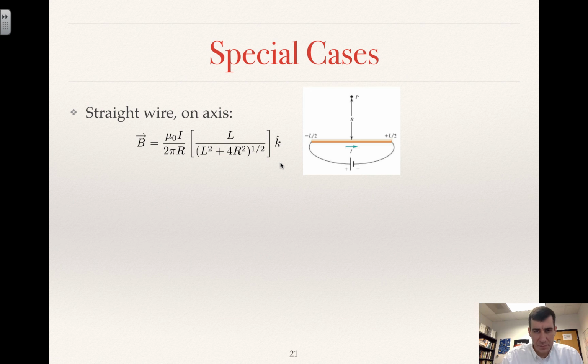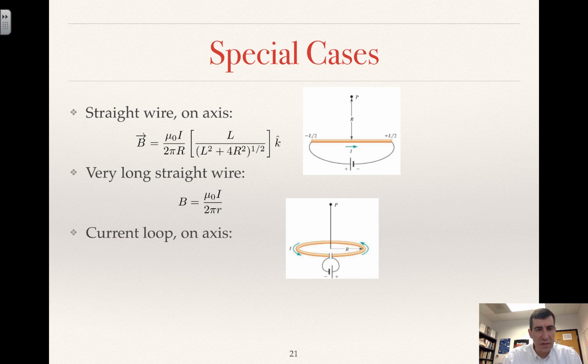We're going to look at some of these in more detail in class. Now if I have an infinitely long or very, very long straight wire, it ends up being pretty simple. The magnitude of the field is mu naught I over 2 pi r. Remember the direction of these fields: these are just concentric circles centered on the wire itself.